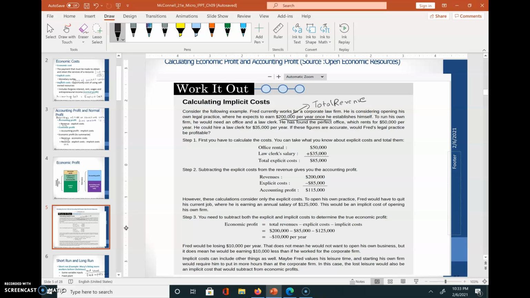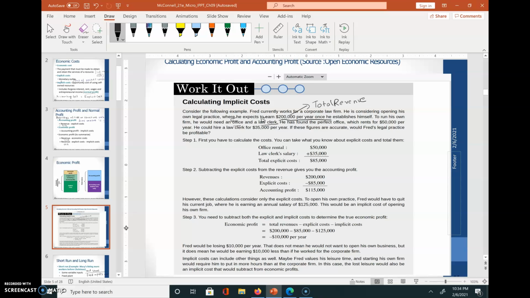Now to run his own office, he would need an office and a law clerk, or basically to run his own firm. So all of this should be included as explicit cost, and I'm just going to write E in front for explicit cost.